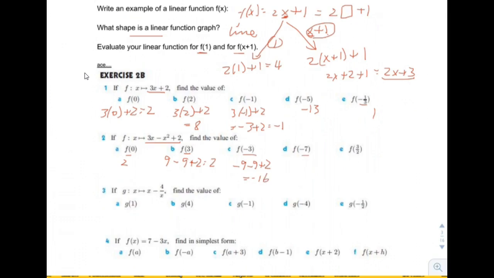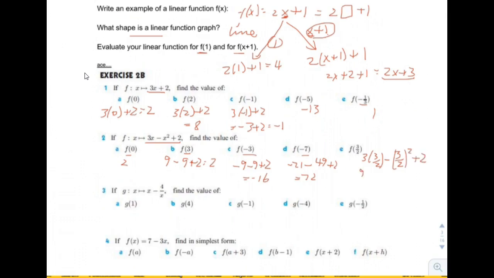What if you put in negative 7? It would be negative 21 minus 49 plus 2, which would be about negative 68. Okay, and then finally 3 halves. If we put 3 halves in there, it would be 3 times 3 halves minus 3 halves squared plus 2.